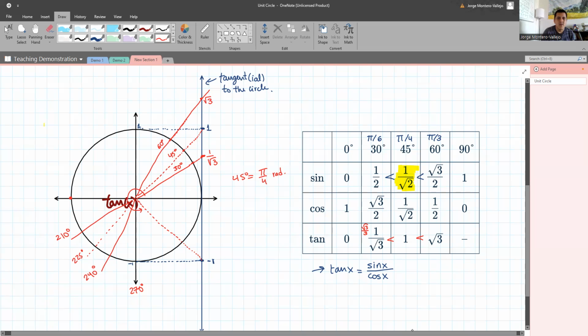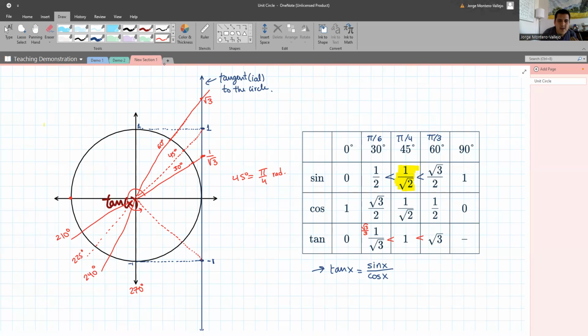Well, we have 1, 2, 3, 4, 5, 6, 7. 7 of them. So this angle over here is 7 pi fourths. And yes, its tangent is -1.